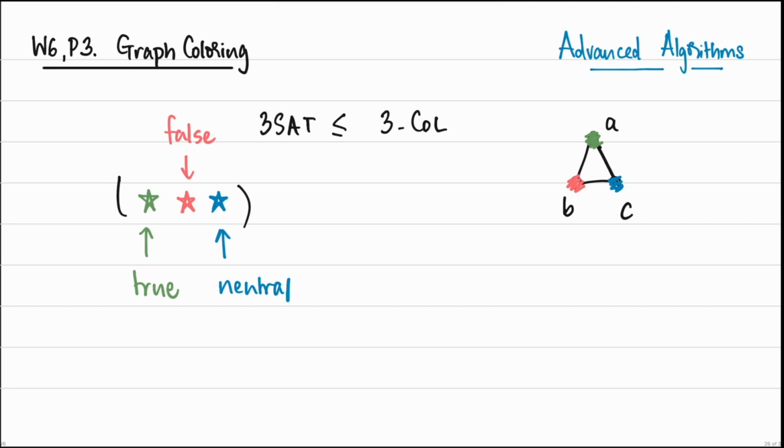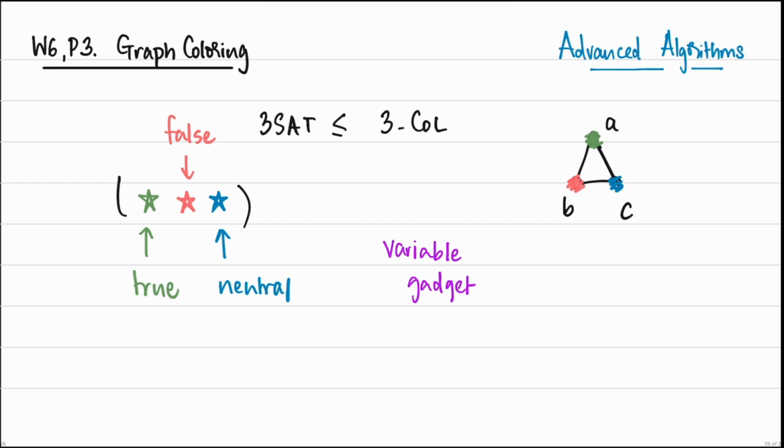It's useful to fix this convention so that we can stick to it as we build out our gadgets. So the first thing we are going to need is some kind of a variable gadget. This will help us actually create an assignment, the semantics for an assignment. Let's not worry so much about how to make it satisfiable for now. That's going to be the next phase. But for now, I just need to be able to read off an assignment from a coloring.